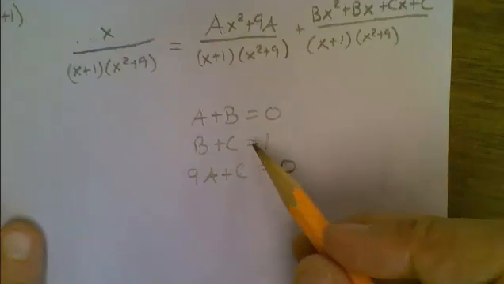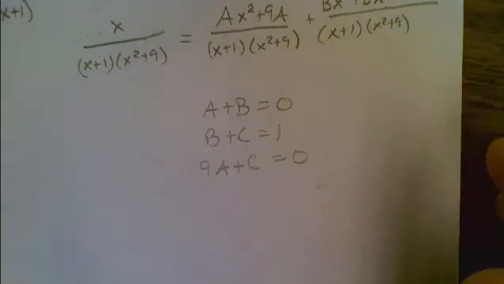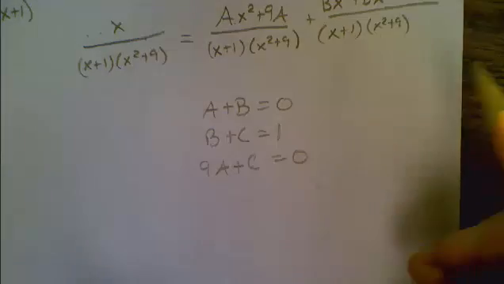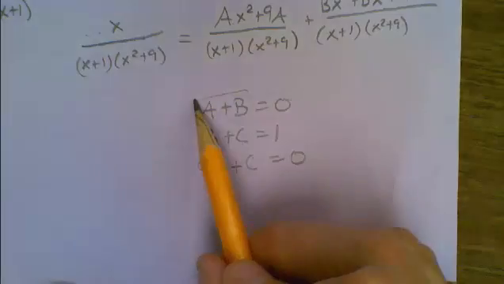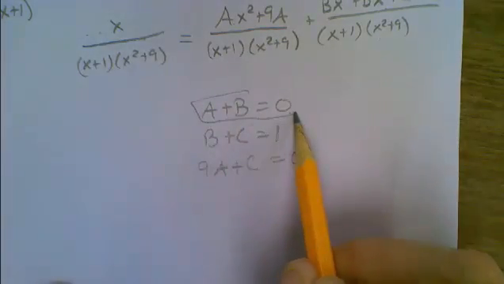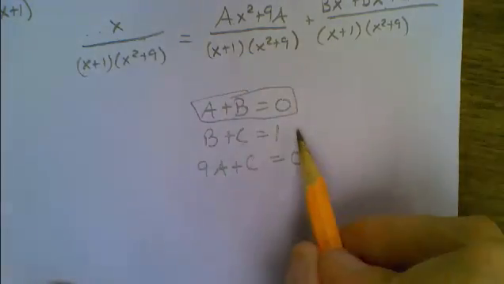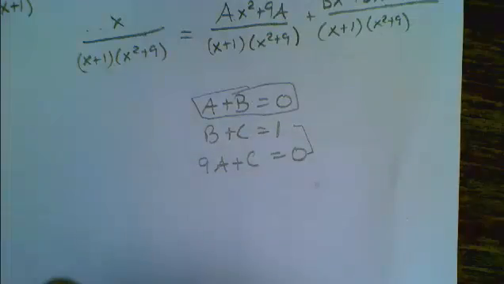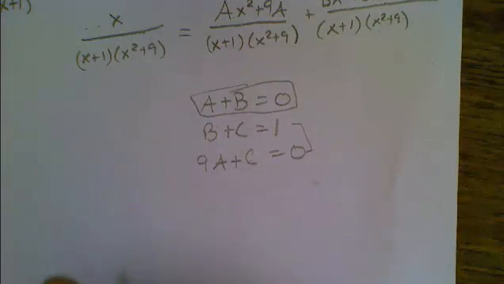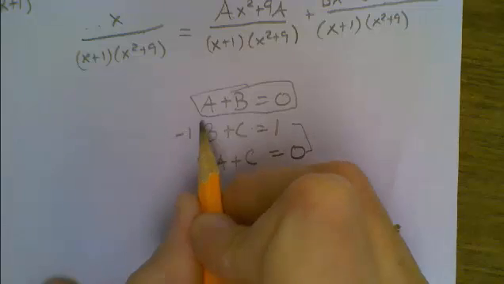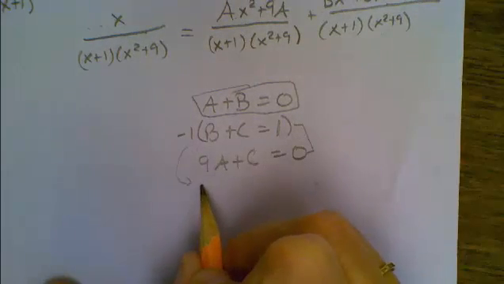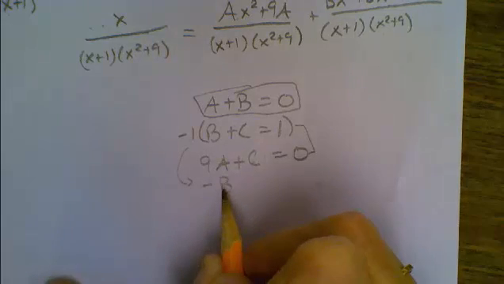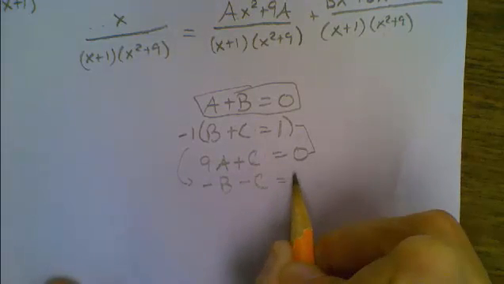So when you have 3 variables, you have to pick a letter to eliminate. So I'm going to pick the c's to eliminate. This one already has an equation where the c's are eliminated. I just have to take these 2 equations and eliminate the c. So I'm going to multiply the middle equation by -1. And I'll write it down here. I'm going to get negative b minus c equals -1.